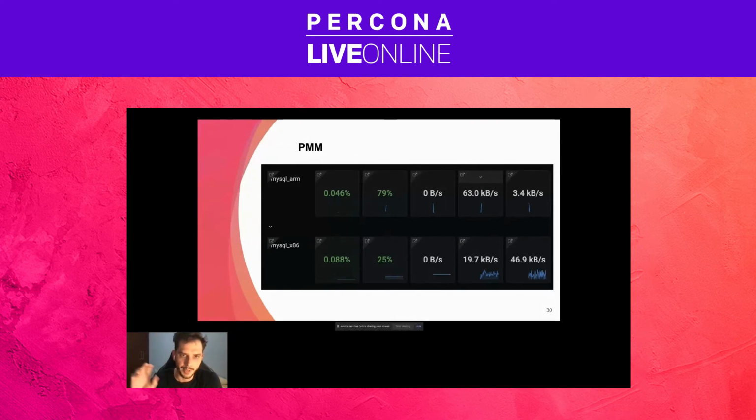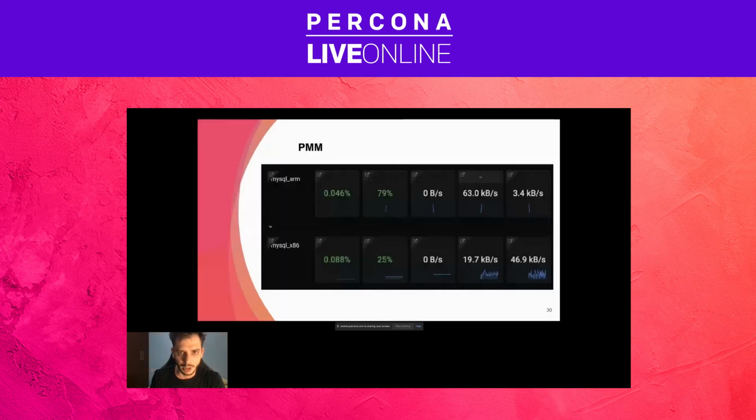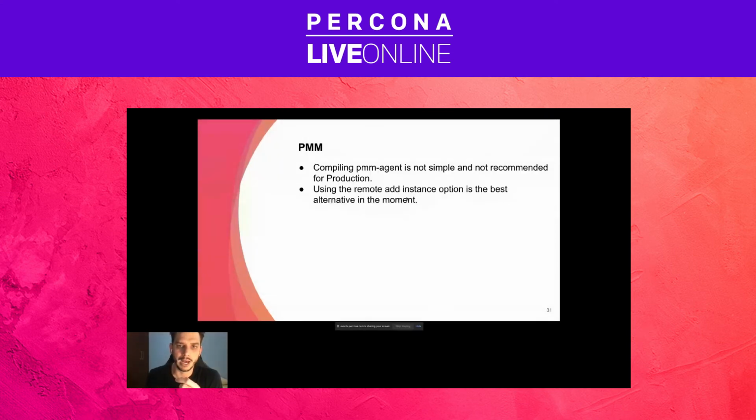So the PMM server would connect to the server, collect the metrics, and populate Grafana for me. And how do you do that? You need to use the add instance option. I will show the picture where you do this.